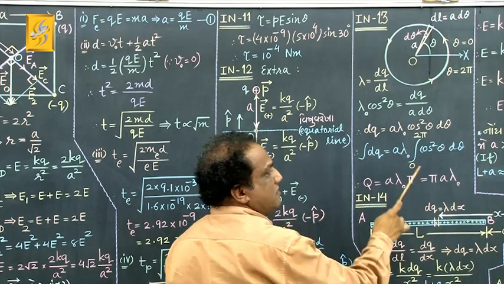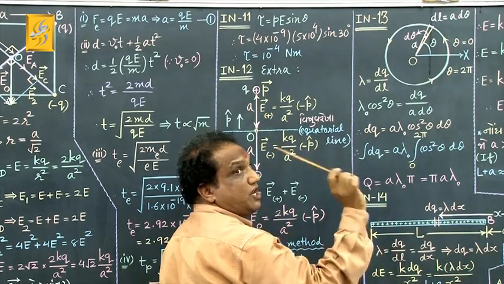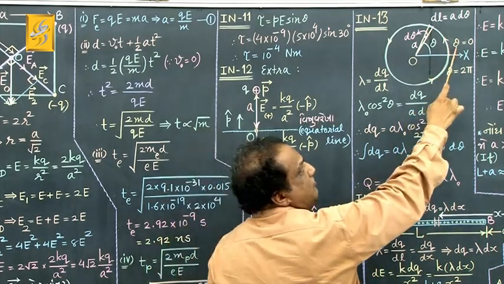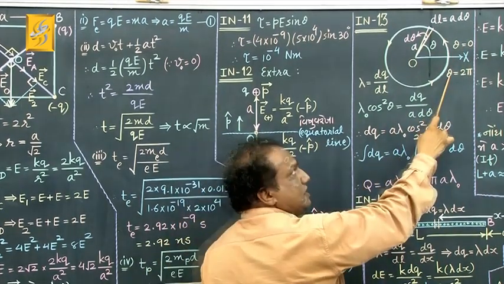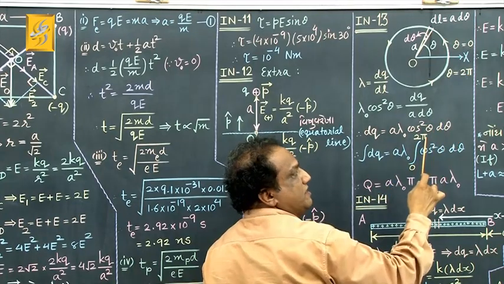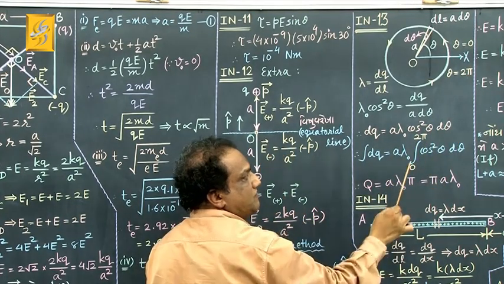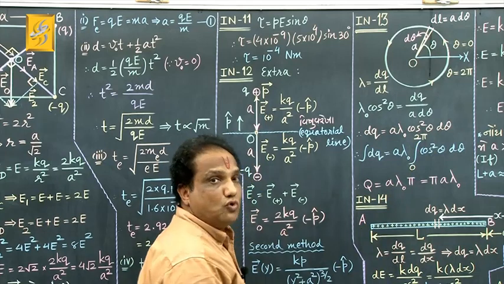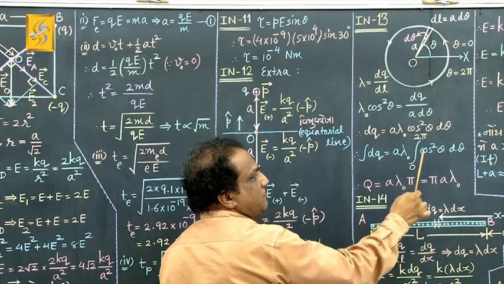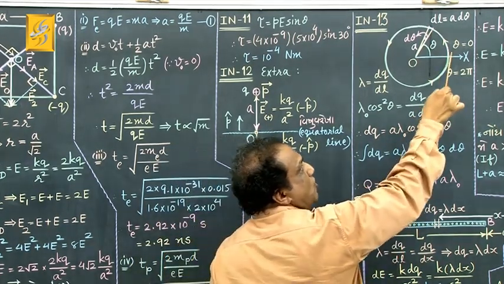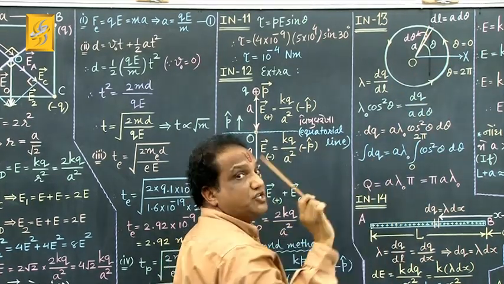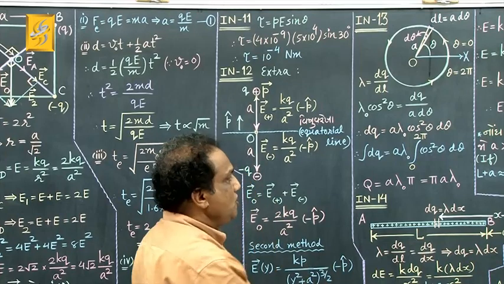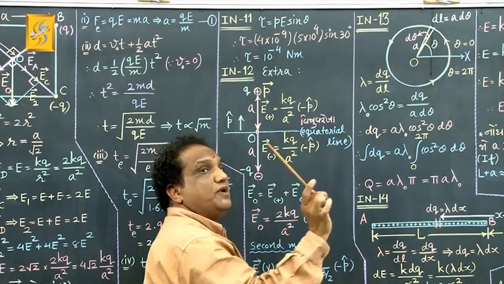That's why the lower limit of integration is the smallest value of the variable, theta equals 0, and the upper limit is the maximum value of the variable, 2 pi radian. That's why I am putting the limits from 0 to 2 pi. When you integrate this function from 0 to 2 pi, you include all these charge elements and make the summation of all those partial amounts of electric charge. Naturally, you will get the total charge, let it be capital Q.